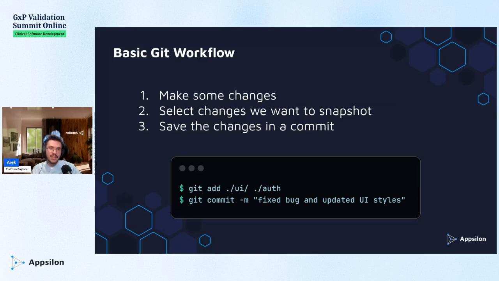So yeah, maybe at the beginning, let's explain the workflow. A typical thing that we are doing while we are developing code with Git is that we are making some changes, obviously, in a code editor, IDE, whatever place. We are selecting then the changes that we want to snapshot, so the changes that we want to save in the next commit. And finally, we are saving the changes in a commit.